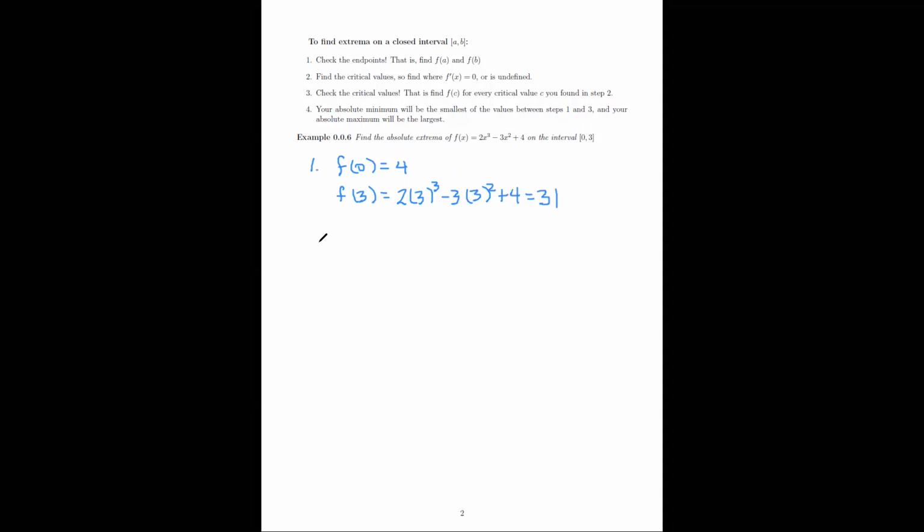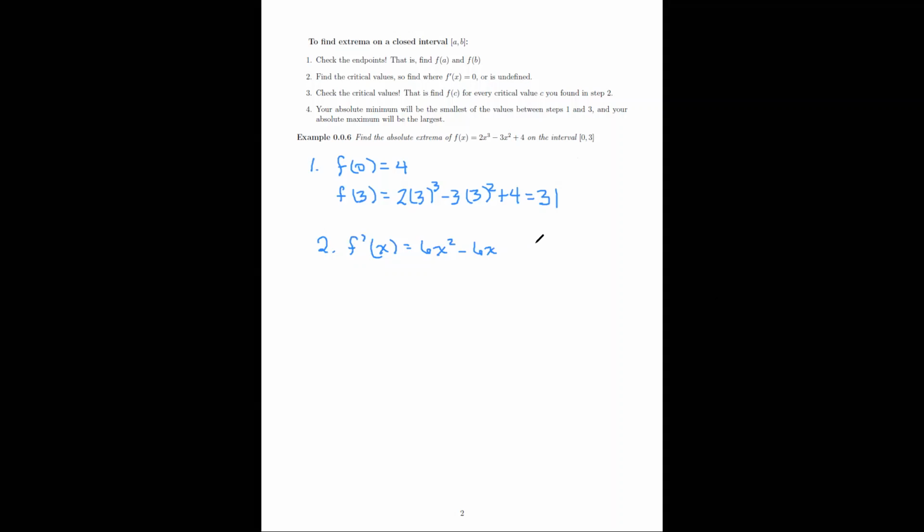All right. Now we want to find the critical values. How do we do this? Well, we want to find where the derivative is 0 or undefined. So let's start off with finding the derivative. We'll just use the power rule here, and we get 6x squared minus 6x. That's going to be our derivative. Now we want to set this equal to 0.